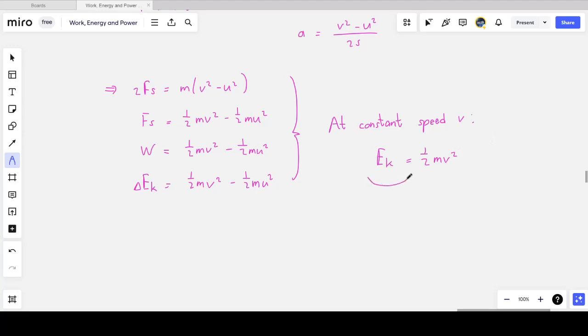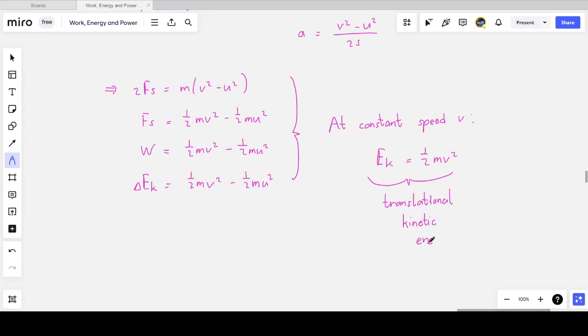And we call this, the only part of kinetic energy that we're going to learn, translational kinetic energy. To translate an object means to move it back and forth, left and right in a straight line.